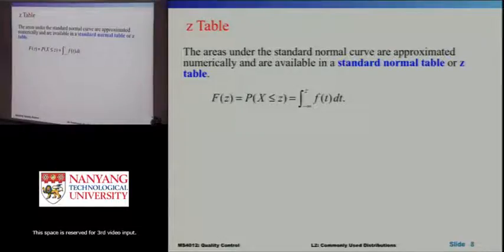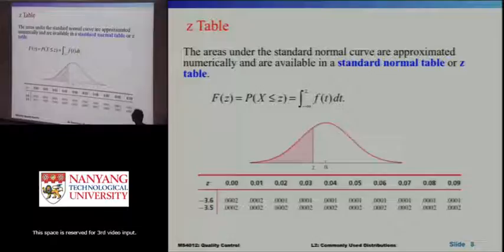So we use the cumulative distribution function. The shaded area is the probability from minus infinity up to the value of z. So this is the cumulative distribution function for a continuous random variable, integrating from minus infinity up to z.